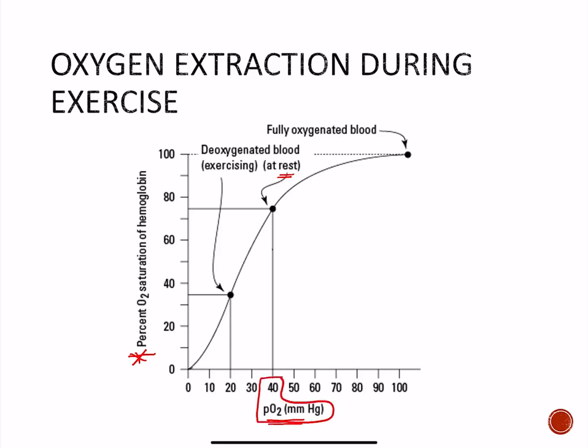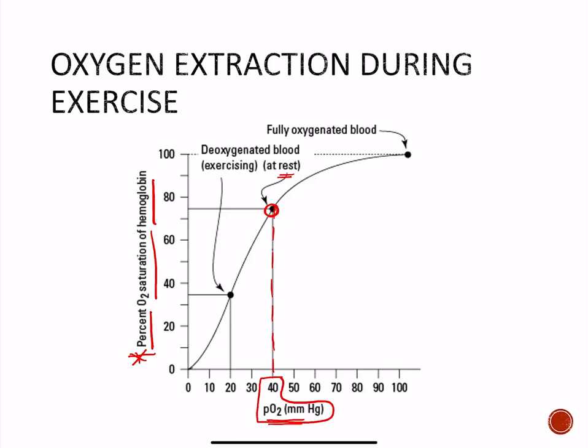So this is pretty much our resting value if you follow this line down. If you look at the percent oxygen saturation of hemoglobin, the blood leaving the skeletal muscle at rest has almost 75% of the oxygen still in the venous blood.